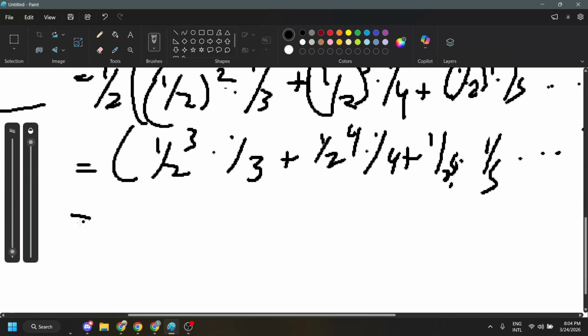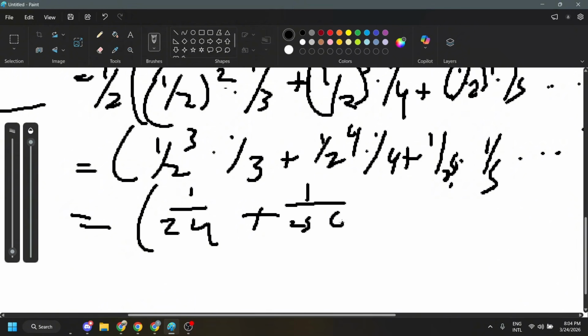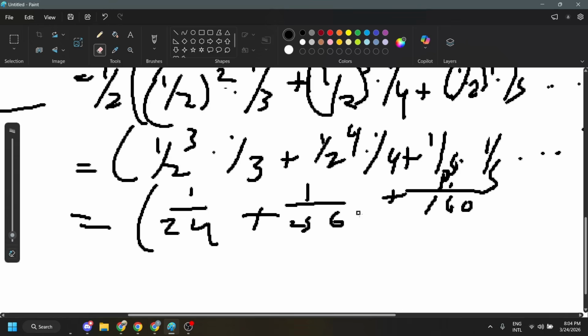Huh. I mean, this is going to be equal to 1 over 24 plus... So this is going to be very close to 0, I think. 2 to the 4 is 16, so 1 over 256 plus 1 over 32 times 5 is 160, then 64.